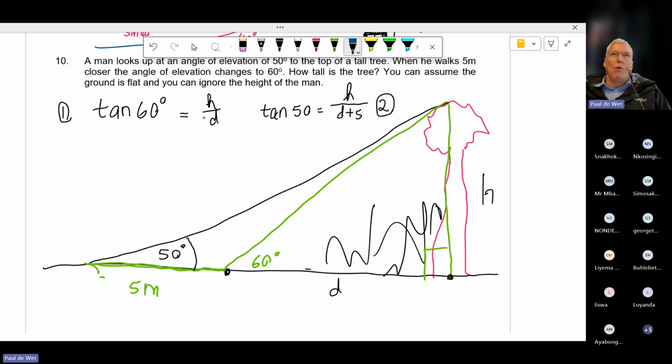What I'm going to do with number 1 is multiply both sides by d. If I multiply both sides by d, I won't have any fractions, and I will know that h is d tan 60. I'm going to do that with number 2 as well. h is going to be d plus 5 times by tan 50.